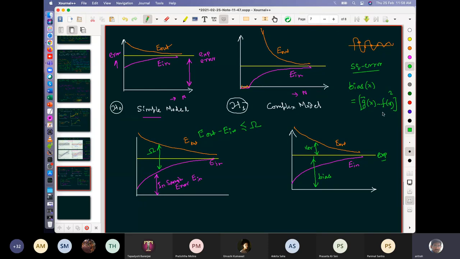So it is effectively the error between your expected value of the hypothesis chosen and the correct one. Yeah. And your variance is this part, because variance is nothing but g bar of x with respect to the g of x that you have chosen. The g of x that you have chosen will produce this one, E out of g.